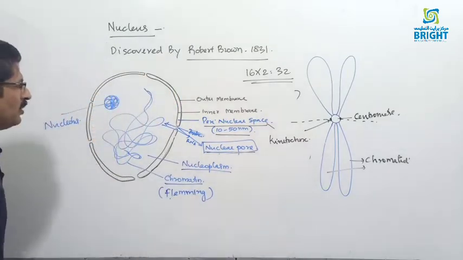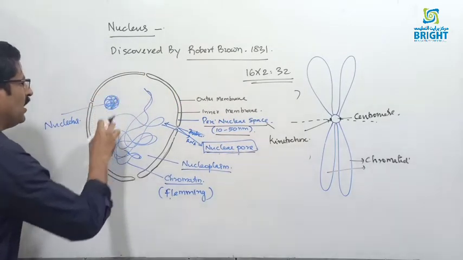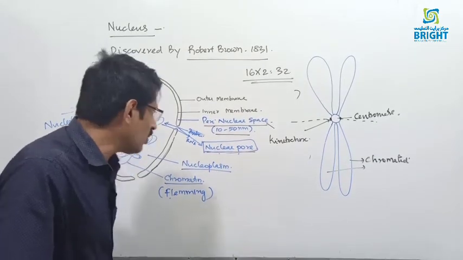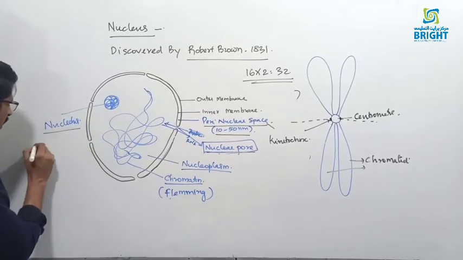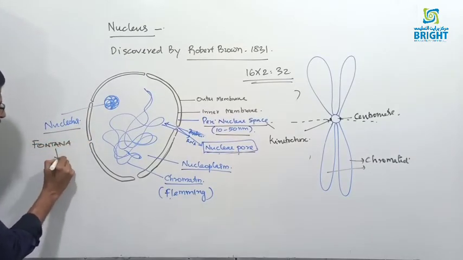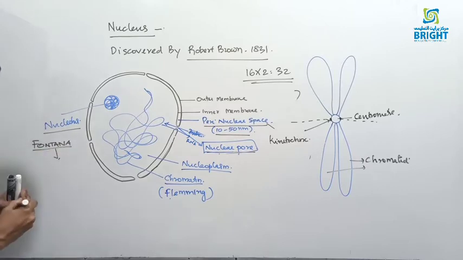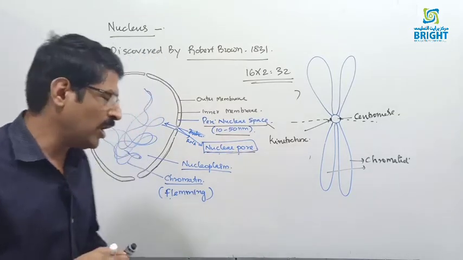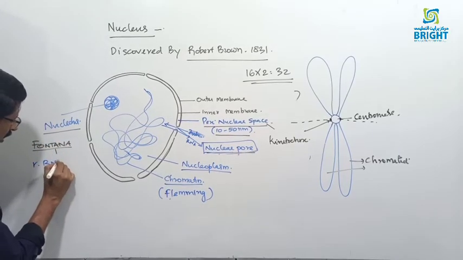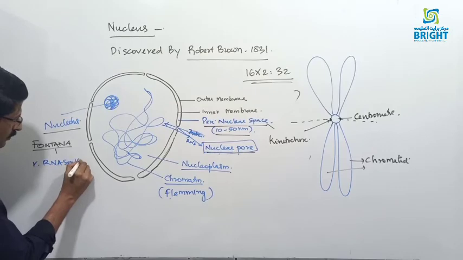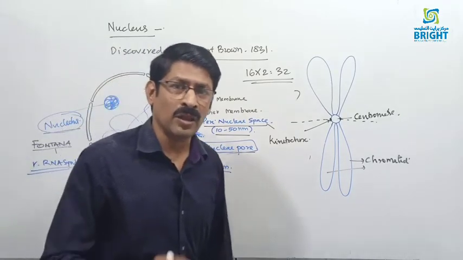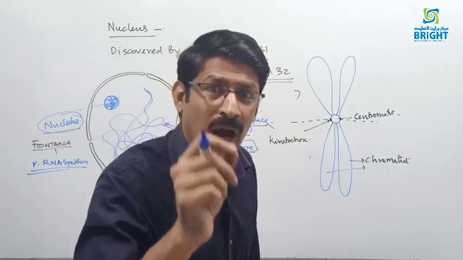Inside the nucleoplasm, there is a condensed non-membrane bound structure called the nucleolus. The nucleolus was discovered by Fontana, and it is a site of rRNA synthesis. So the nucleolus is involved in rRNA synthesis.